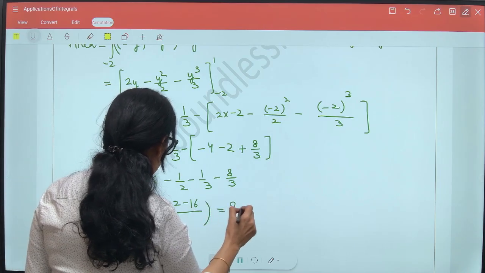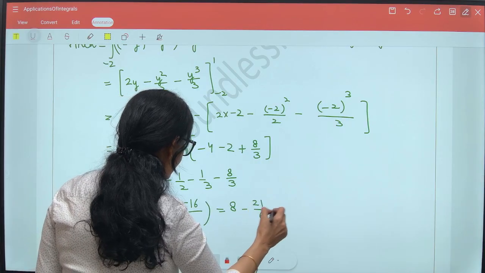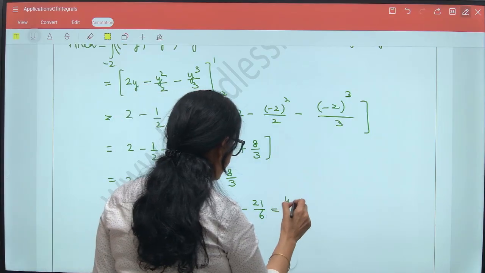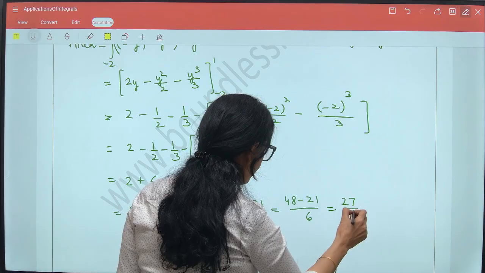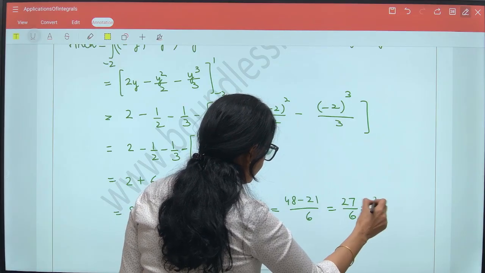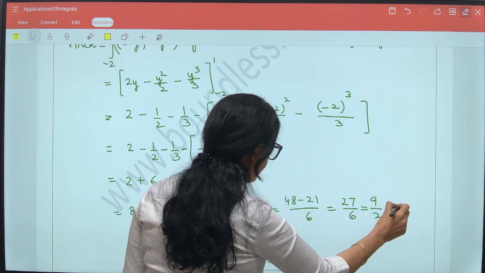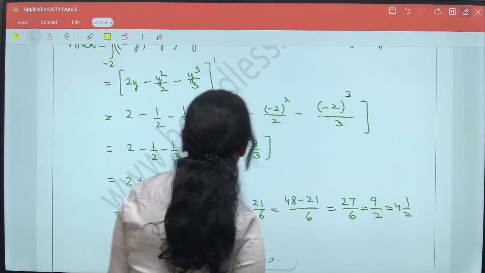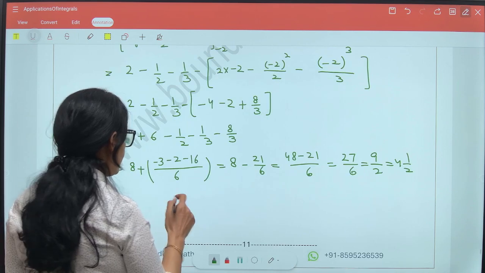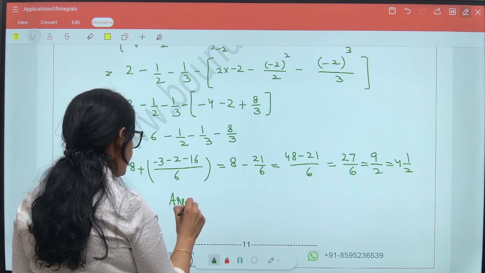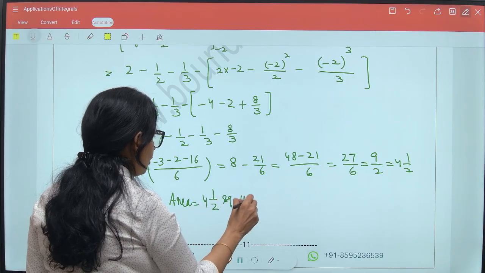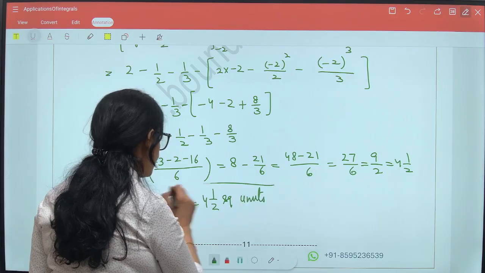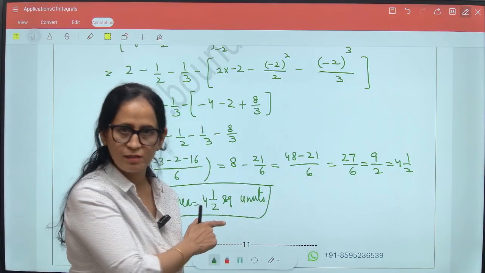So it is 8 minus 21 by 6. 6 8s are 48. 48 minus 21 by 6, it will be 27 by 6. And again 9 by 2, you got the same answer, 4.5 square units. So the required area is 4 1 by 2 square units. Please do not skip writing square units, you will lose half a mark otherwise.